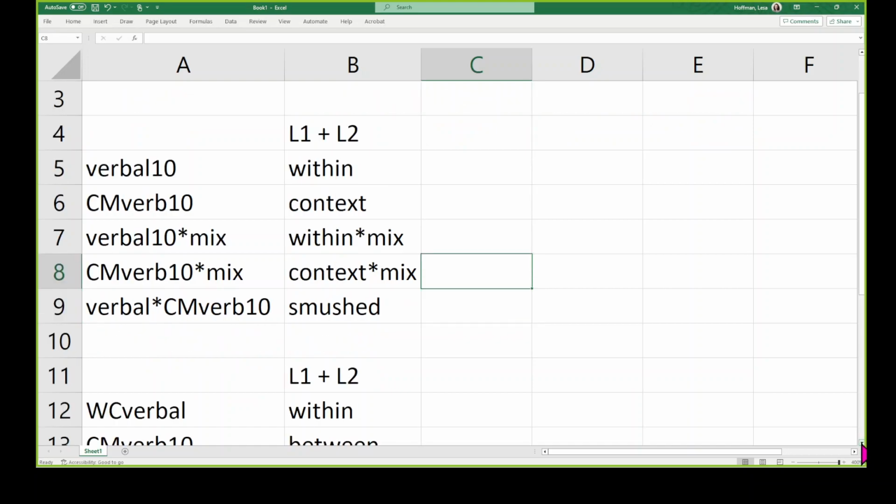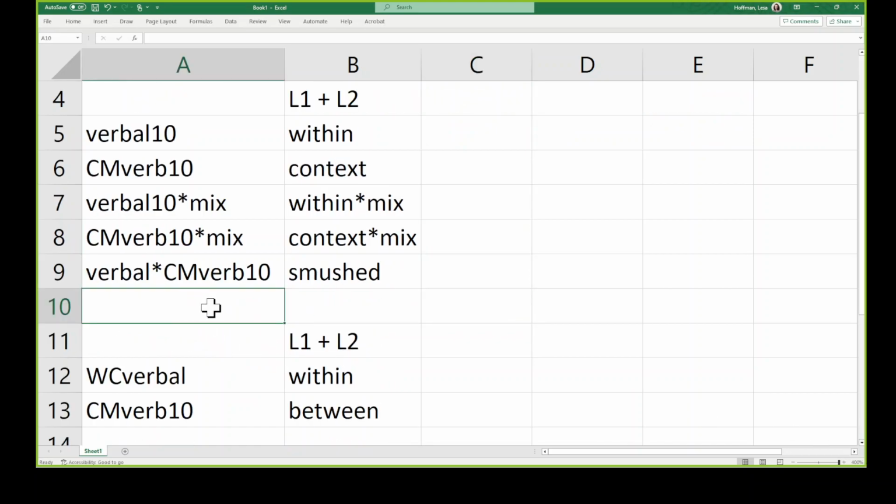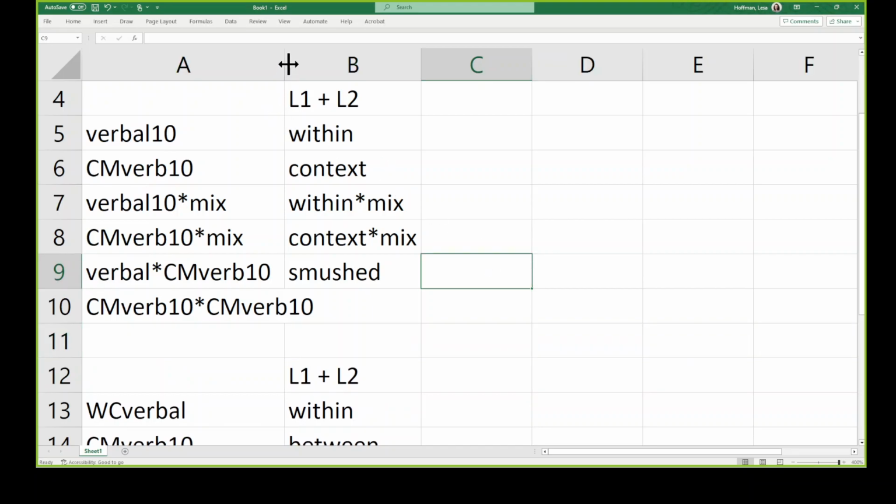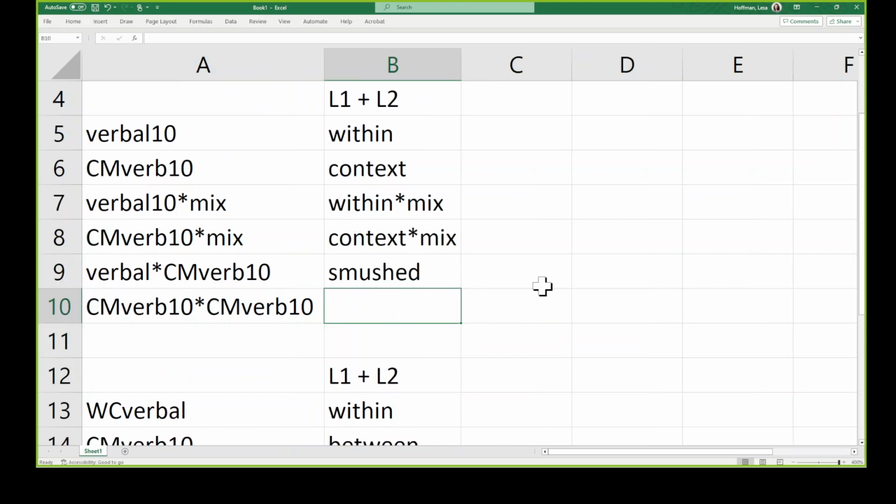What do I need to fix it? A quadratic effect. CM verbal 10 by CM verbal 10. Is that the same thing? It's a quadratic effect. So this is where it gets a little bit weird.